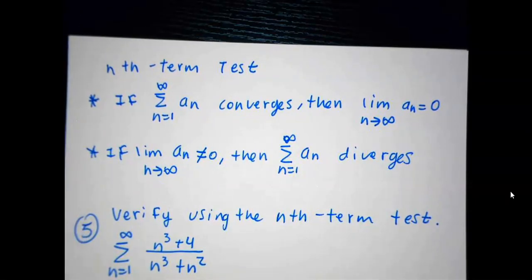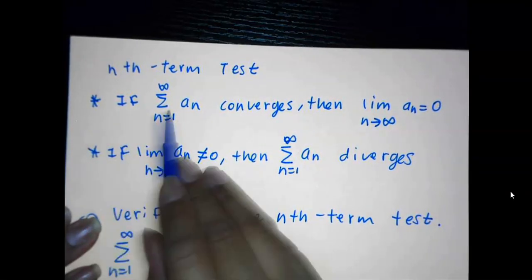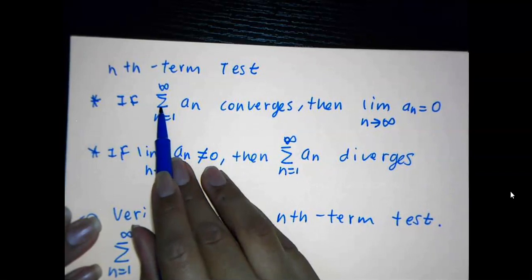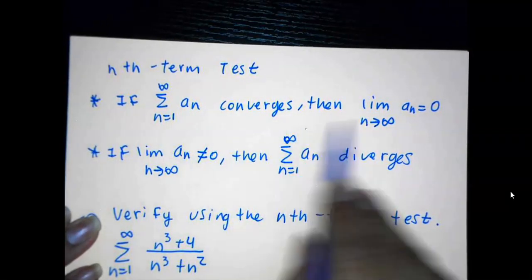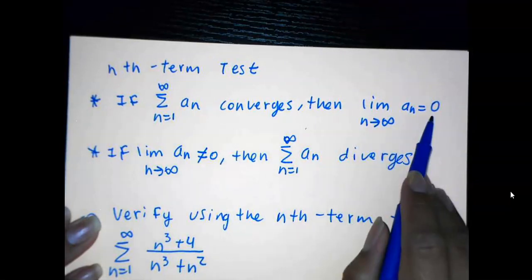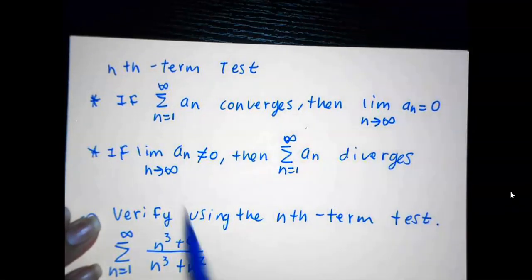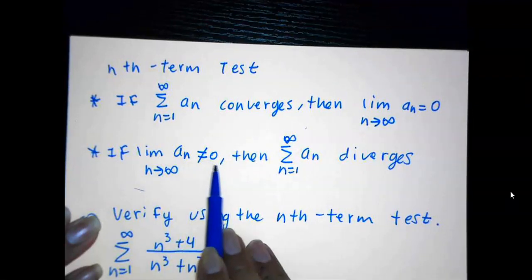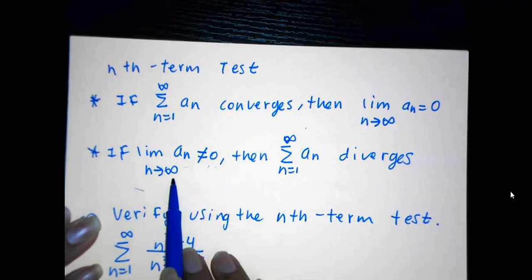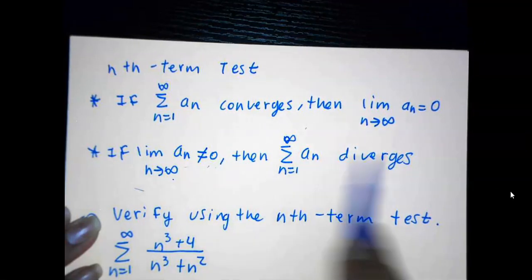Now is the nth term test. Okay, the last test, last term. If the sum from 1 to infinity of a of n converges, then the limit is 0. In the same manner, if the limit is not equal to 0, then the sum diverges.